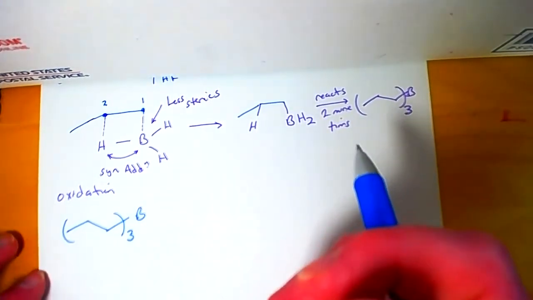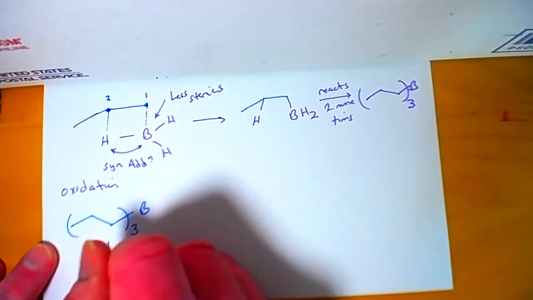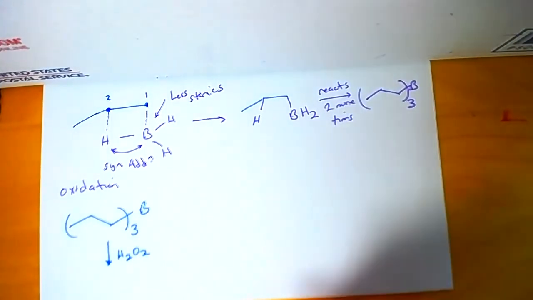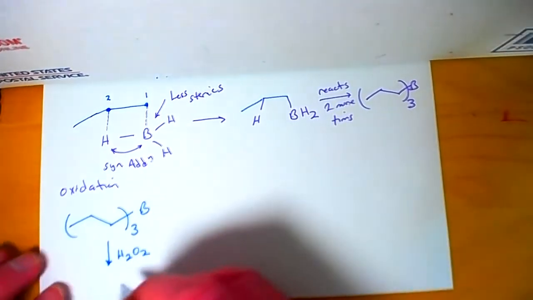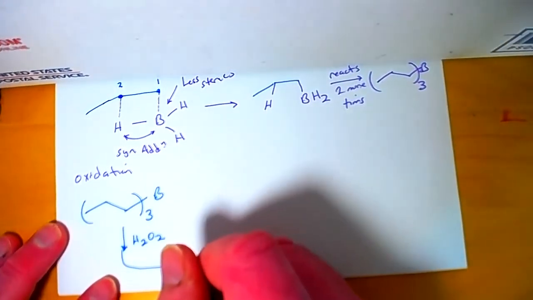And what this does initially, when you add in peroxide into this, is the boron ends up reacting with the peroxide, and it ends up rearranging into this species here.